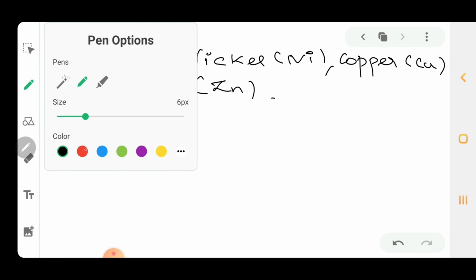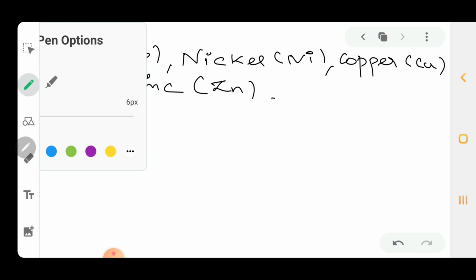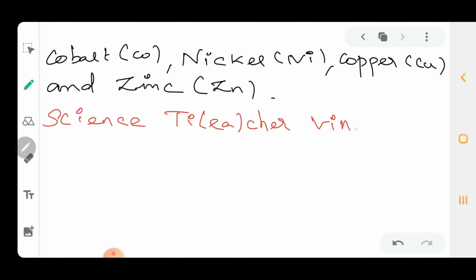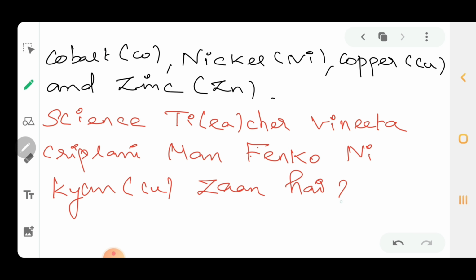Okay, now we will see the mnemonic in order to remember our period 4 elements. So the mnemonic for period 4 is: Science teacher Vinita on high.